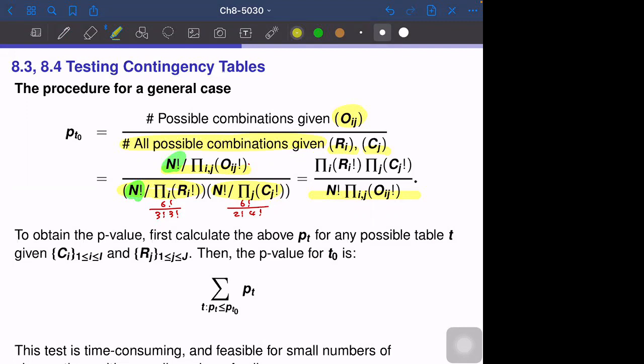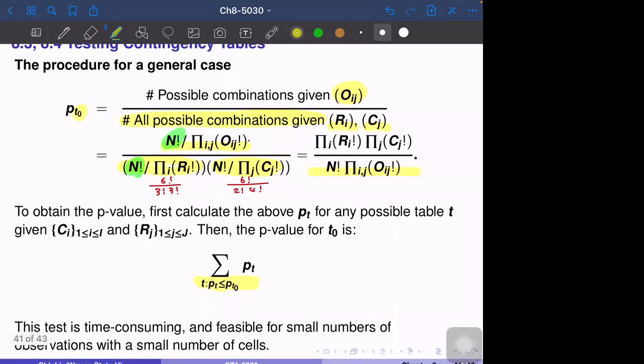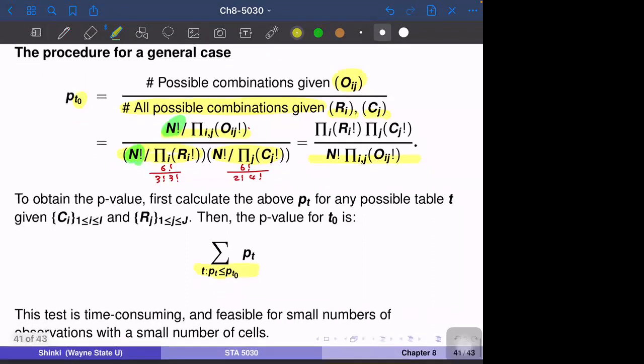Then we sum up all probabilities which are more extreme than T0. Then we can calculate the p-value. So this is how Fisher's exact test is implemented.